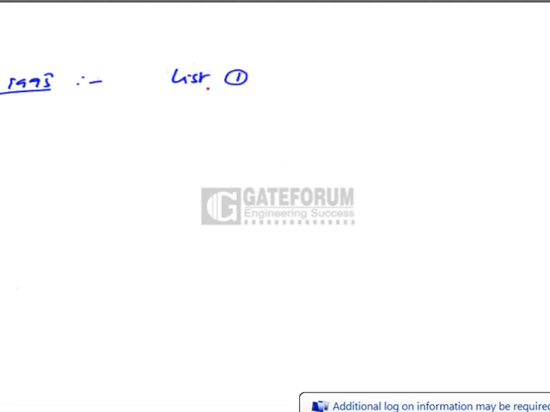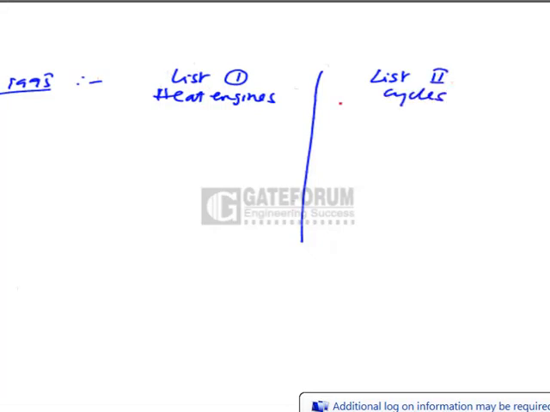Now let us solve a problem given in GATE 1995. It's a matching problem. List 1 is given as heat engines. List 2 is given as the respective corresponding cycles.